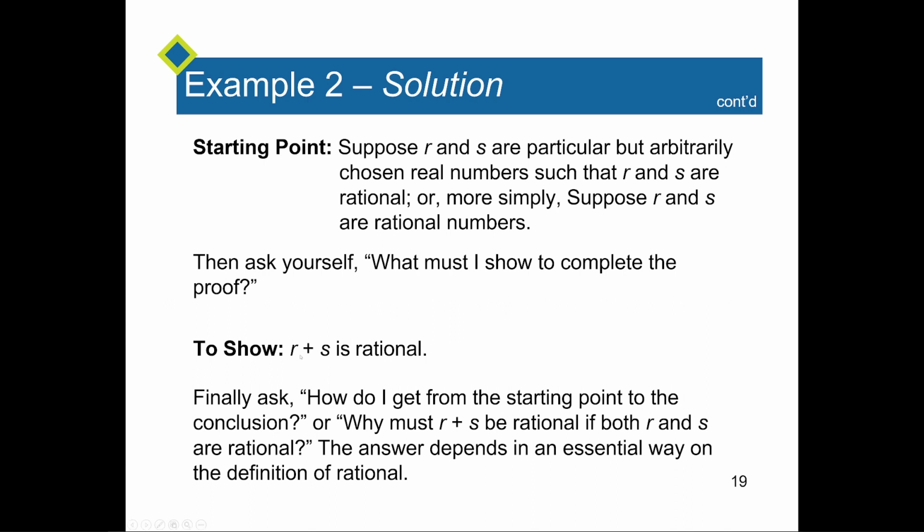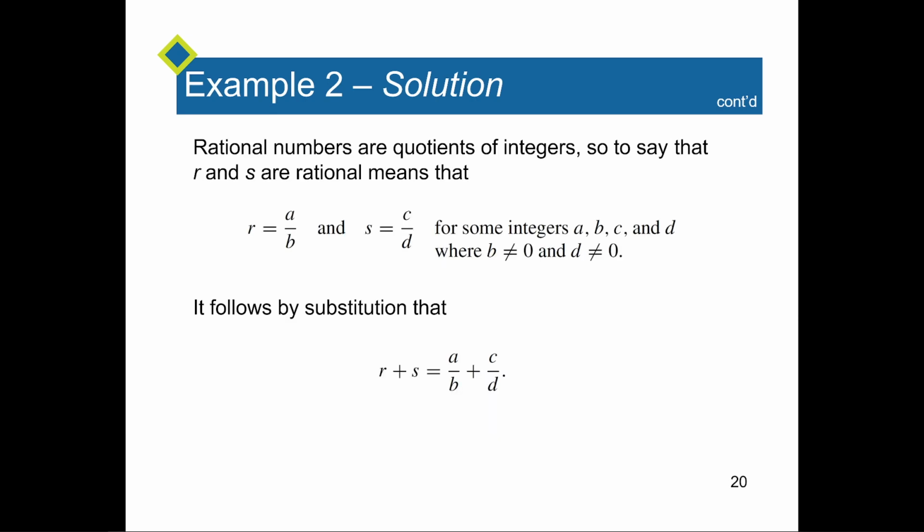So we want to show r plus s is rational. That is what we want to show. So how do I get from the starting point? This is where the definitions and the theorems that we previously learned become very important, because if we know some interesting results, then we can just use them here. So we know the form of a rational number: r is equal to a upon b and s is equal to some c upon d.